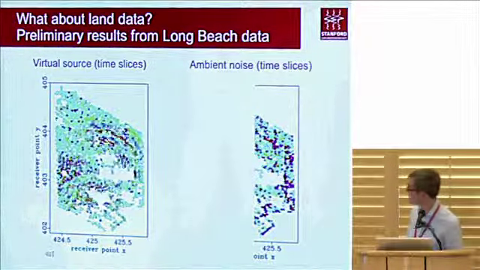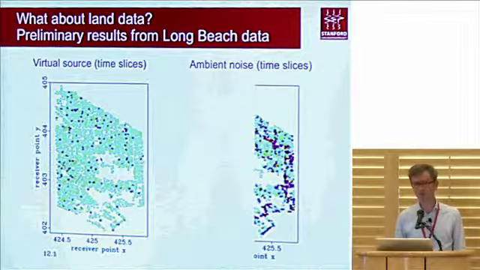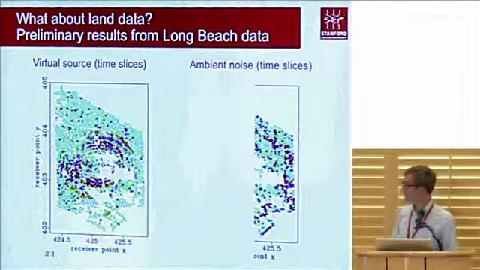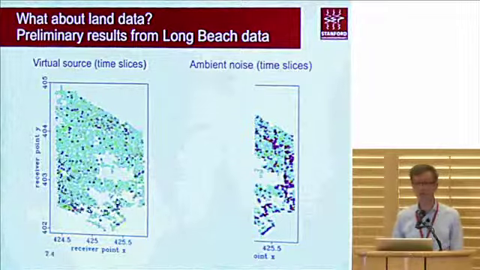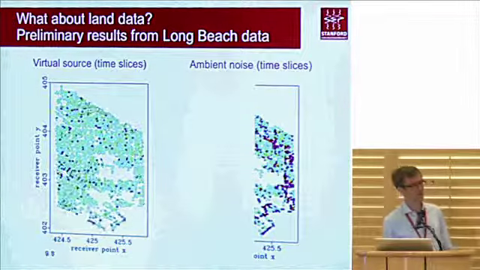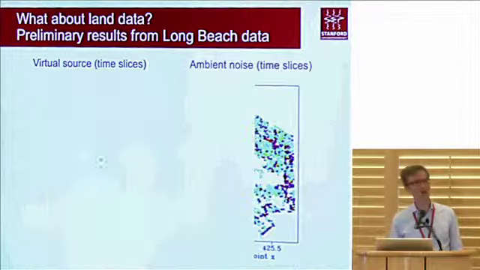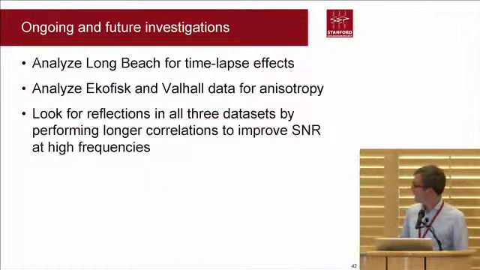And indeed, only 12 hours of correlation, so we could do much longer than 12 hours. The time scale of what we want to monitor is much longer than 12 hours. We actually get very reasonable virtual sources propagating through the Los Angeles basin. So indeed, I think that we will be able to monitor CO2 sequestration on land as well.